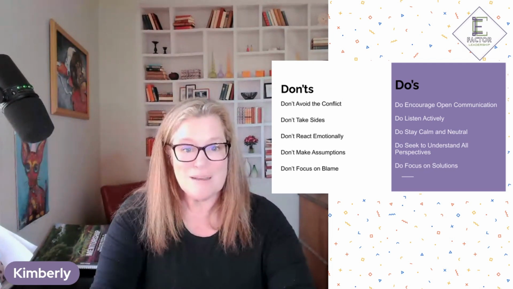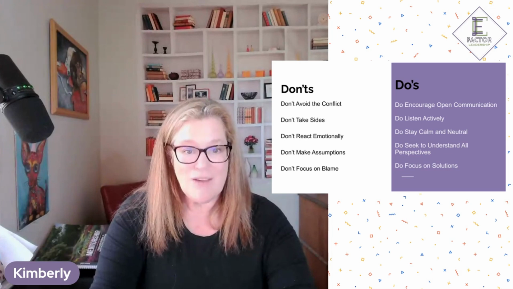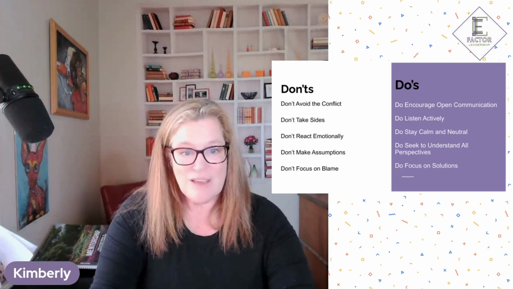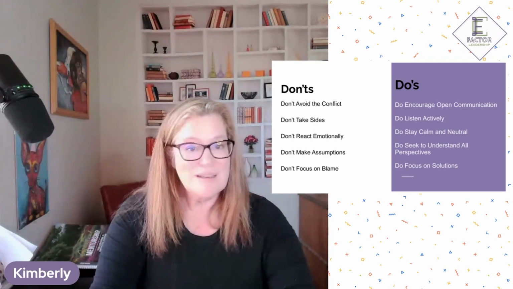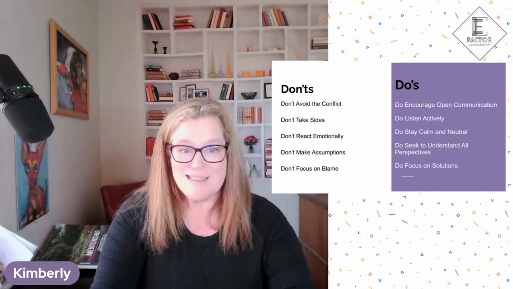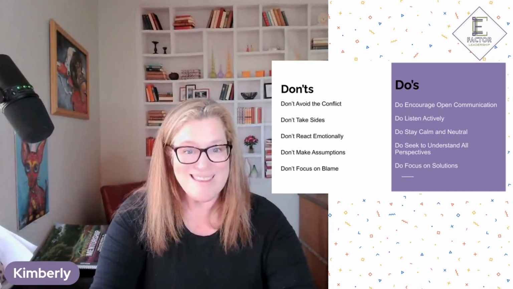So don't make assumptions, get all the facts, seek to understand all perspectives. And if you feel yourself getting hooked with emotions, take a break, take a pause, take a beat, take a breath, leave that situation for the moment and then come back to it later.